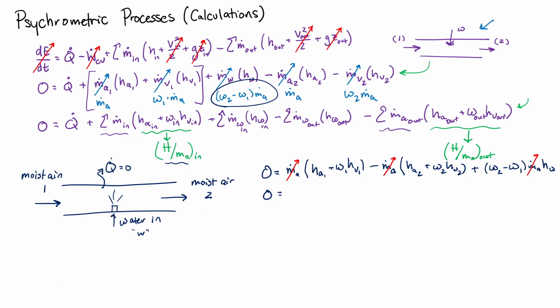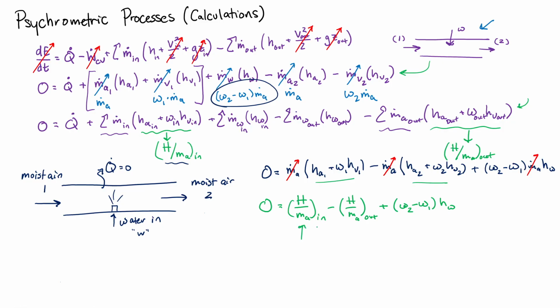And with this, I have the option to combine these portions just like I combined them before. So I'm saying 0 is going to be equal to h over ma in minus h over ma out plus omega 2 minus omega 1 times my specific enthalpy of water.